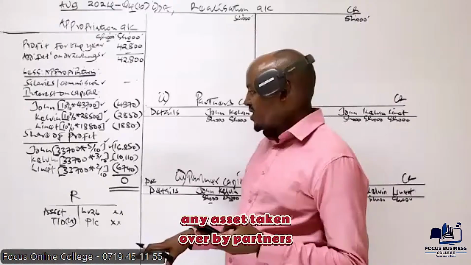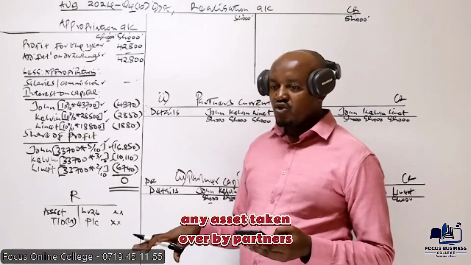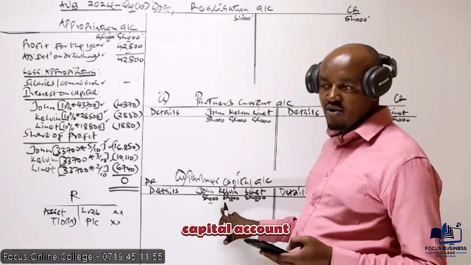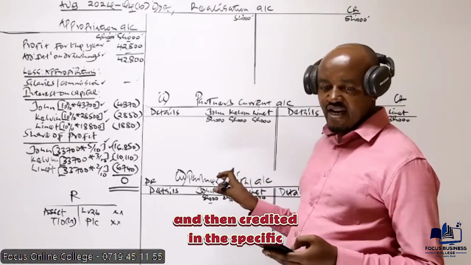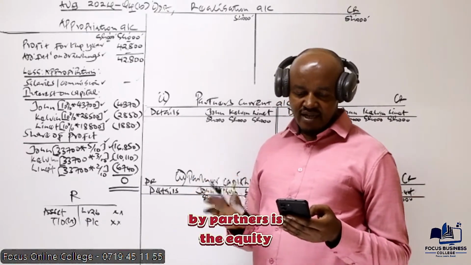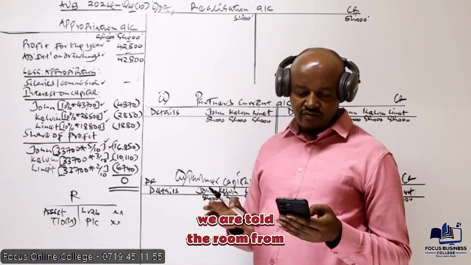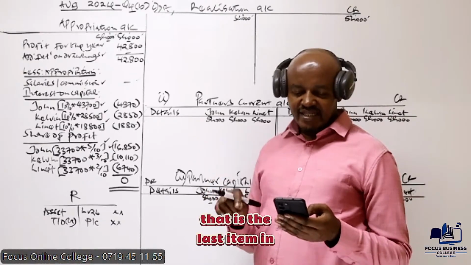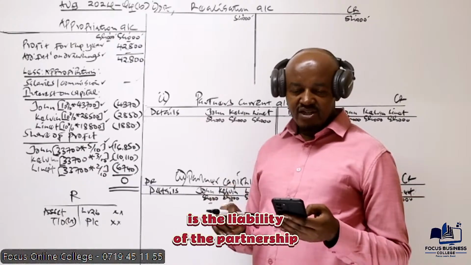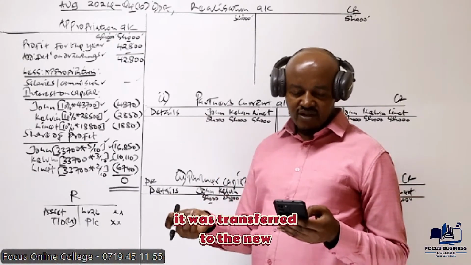Remember, you have said any asset taken over by partners should be debited in the partner's capital account, and then credited in the specific asset account. So one of the assets taken over by partners is the equity investment. Number 3, we are told the loan from partner Kelvin, that is the last item in the trial balance, was transferred to the new company. It is a liability of the partnership, and it was transferred to the new company.